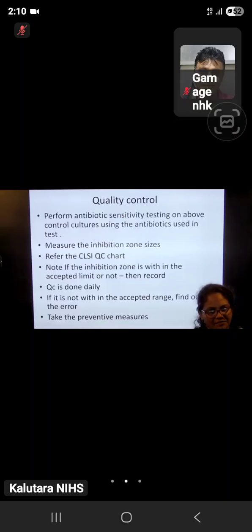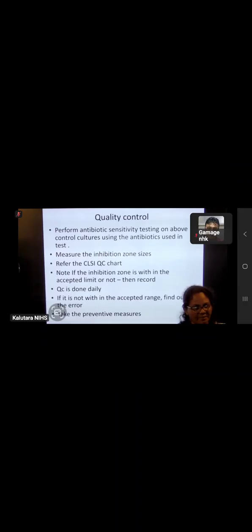In a similar way, you inoculate your ATCC E. coli culture on a separate Mueller-Hinton plate and you apply the same antibiotics. Can you remember the three antibiotics I told you? Cipro, Nali, ampicillin. The same antibiotics you use for the test, you apply for the control.